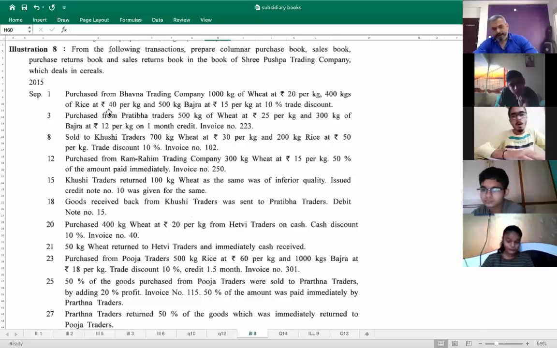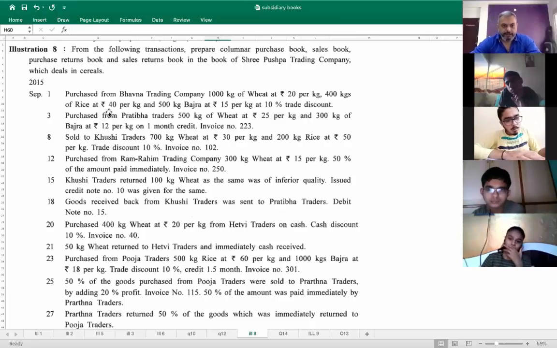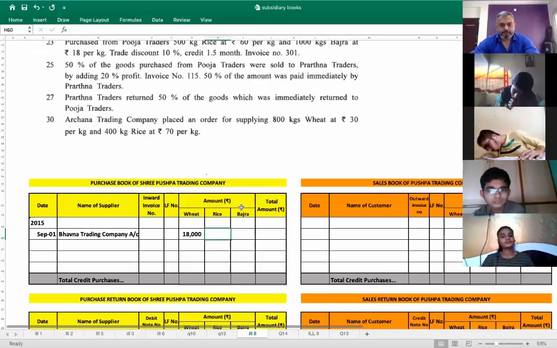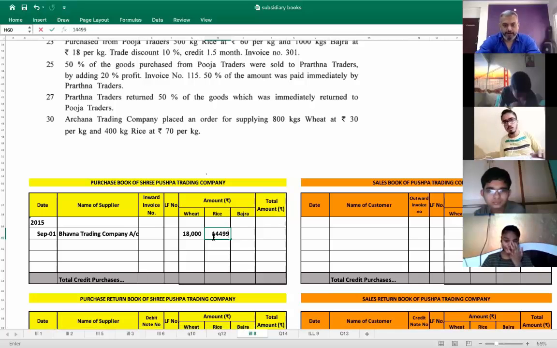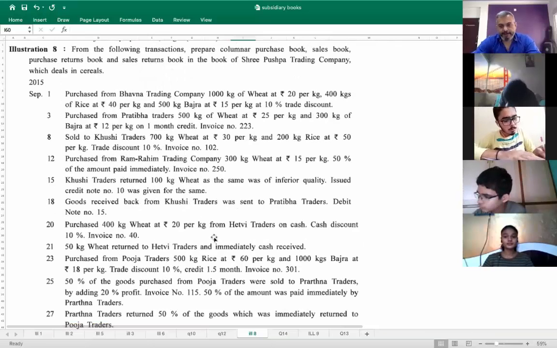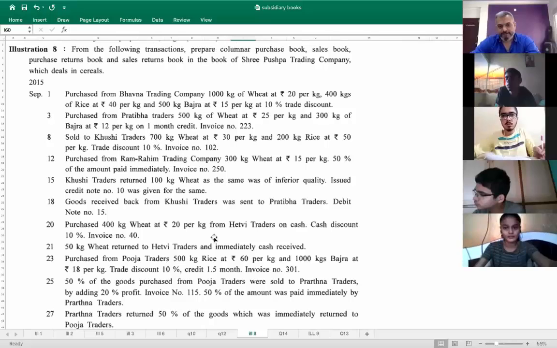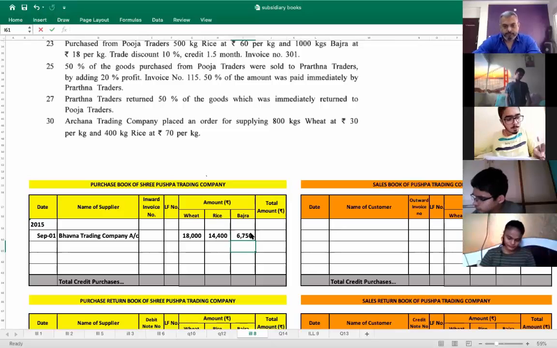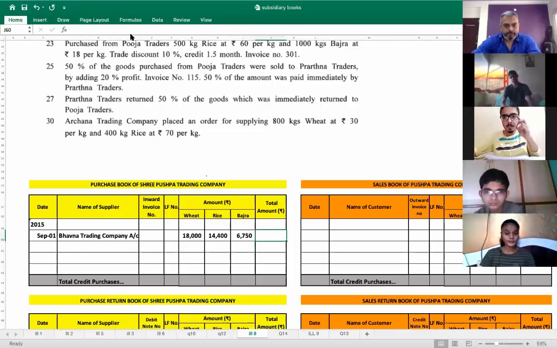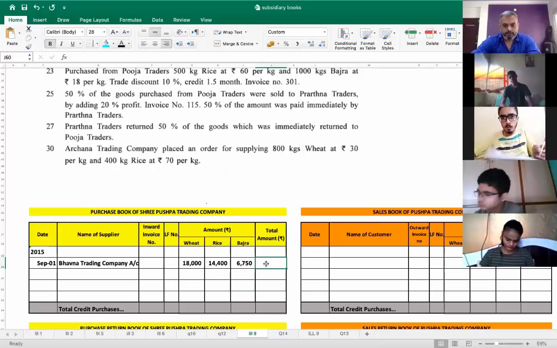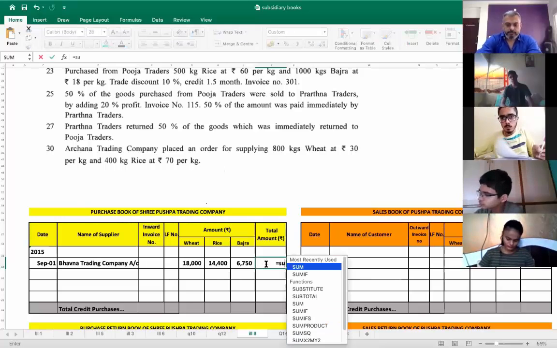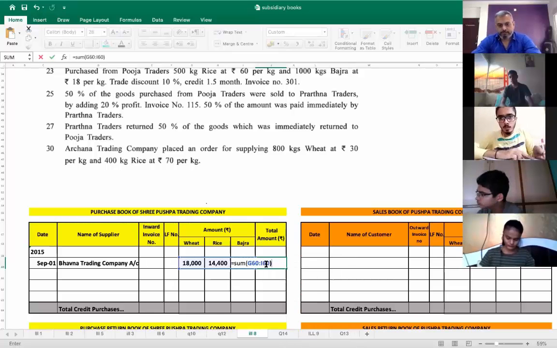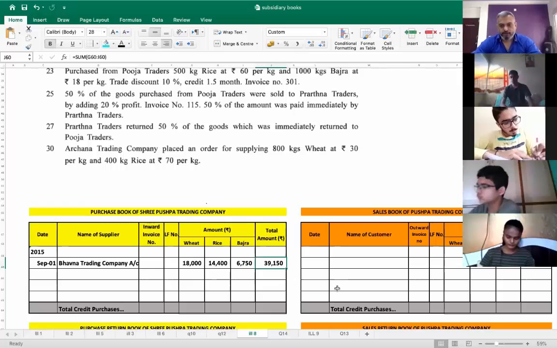So 400 into 40 is 16,000 minus 10%, so 14,400. And bajra, 500 at 15 per kg. 500 fives are 7,500 minus 10%, so 6,750. Total 39,150.